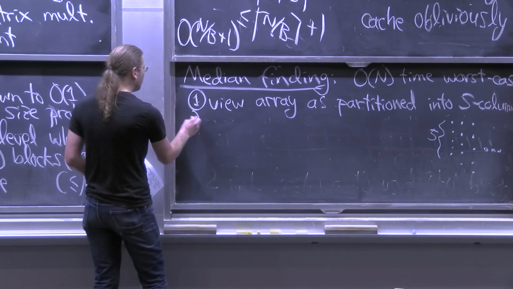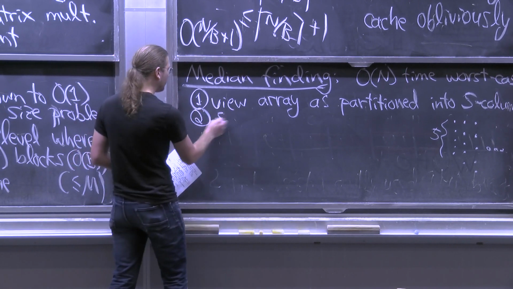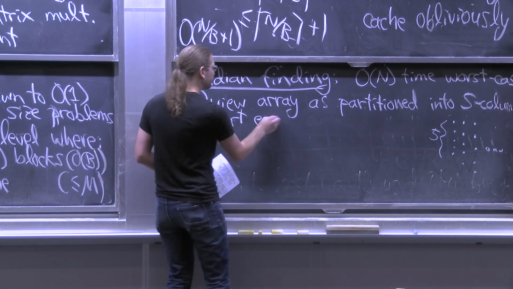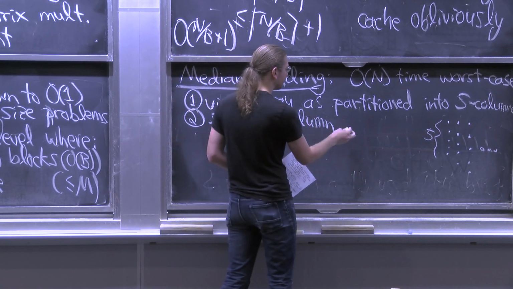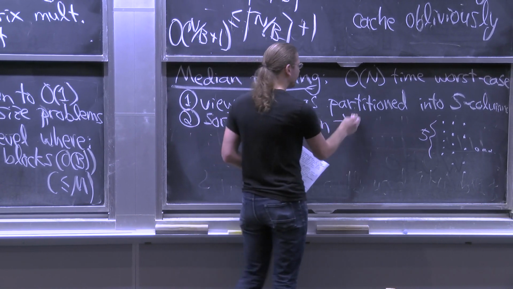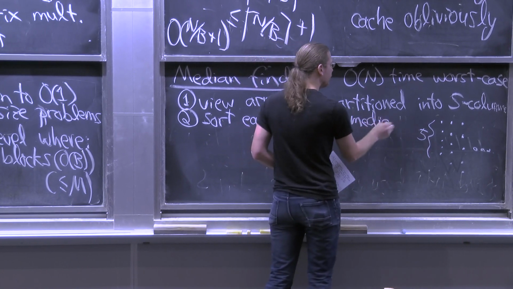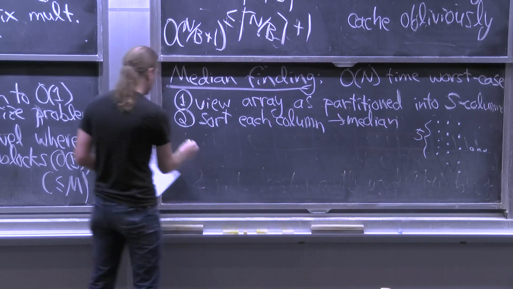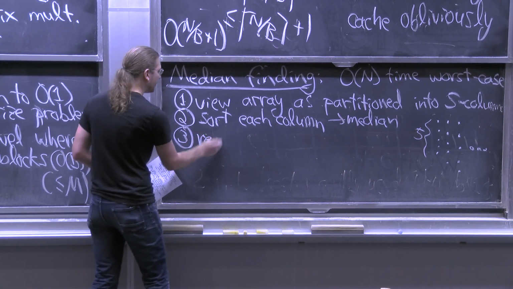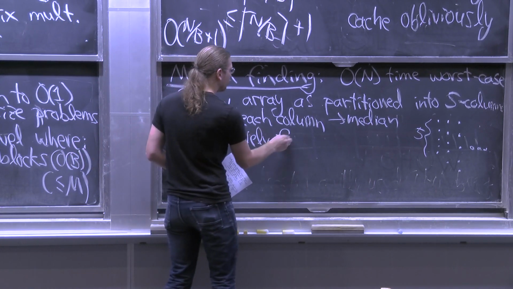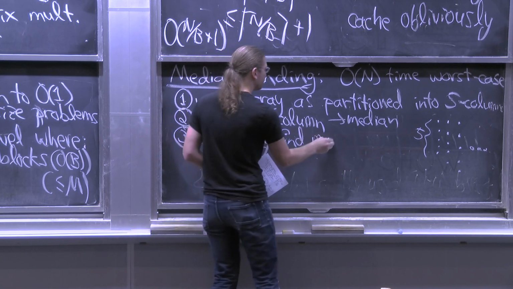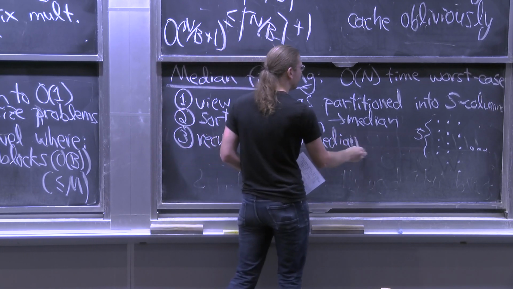Okay? This is just a conceptual view, so we can define it either way, however we want. So I'm going to view it that way. And then what the rest of the algorithm did was first sort each column. It's only 5 items, so you can sort it in constant time, each one. But in particular, what we care about is the median of those 5 items. Then we recursively found the median of the medians. This is the step we're going to have to change a little bit.